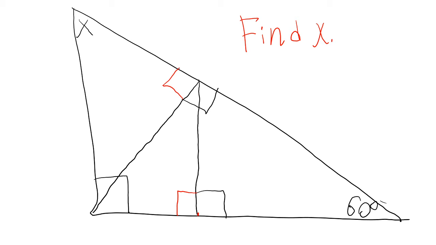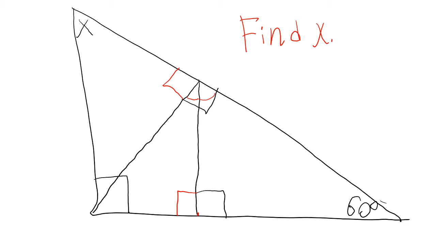Okay, there we go. So we have our right angles down, and we notice that these two are complementary. They add up to this big right angle right here. So let's go ahead and find x.